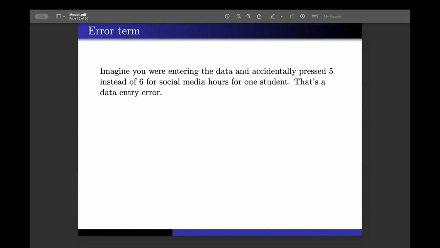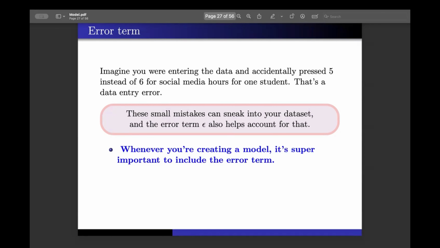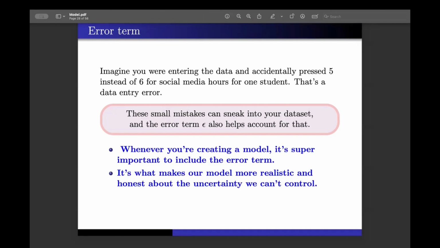Now that's a data entry error. And these small mistakes can always sneak into your data set. And this error term, again, helps account for that. So whenever we are trying to create any sort of model, it's super important to include the error term in the model. Entering it in the model would make our model more realistic and honest about the uncertainty we cannot control.